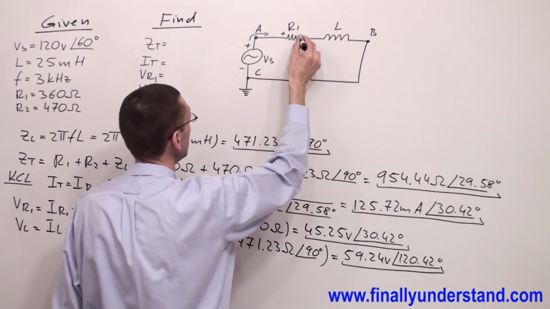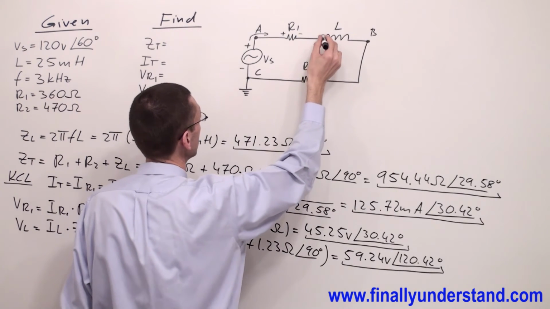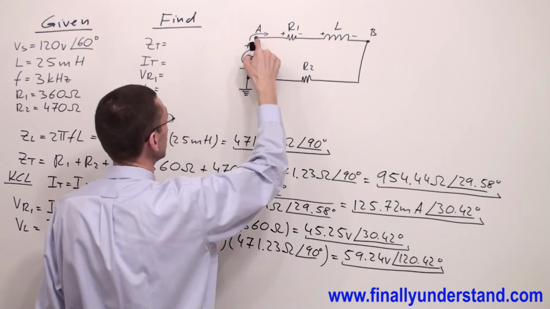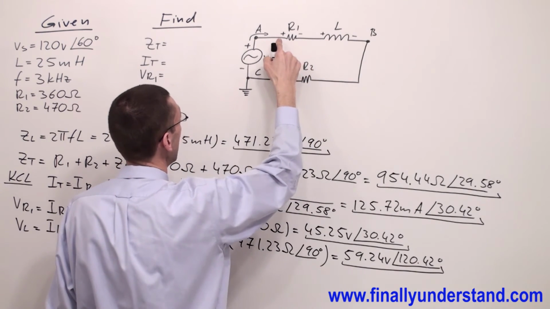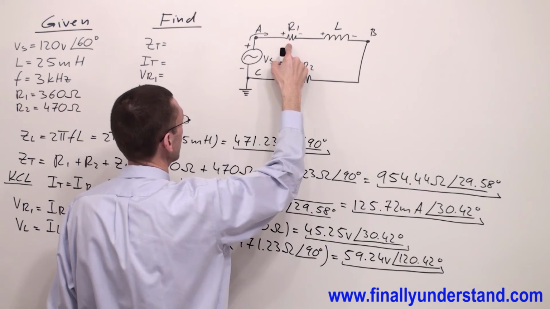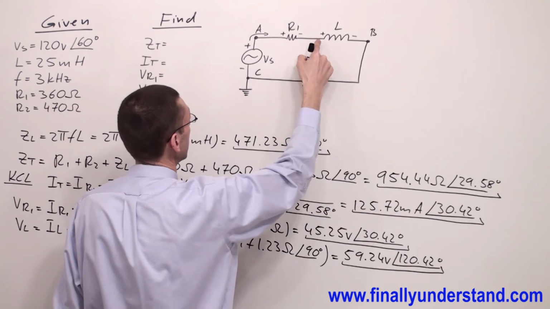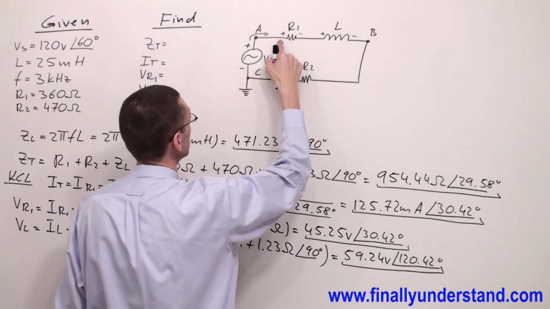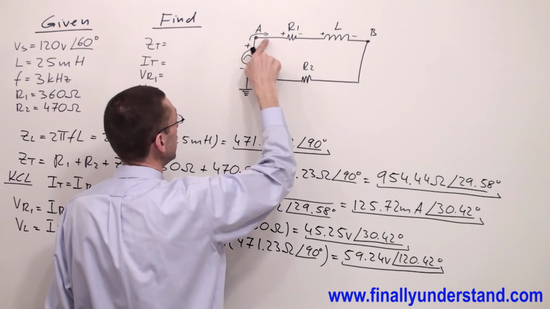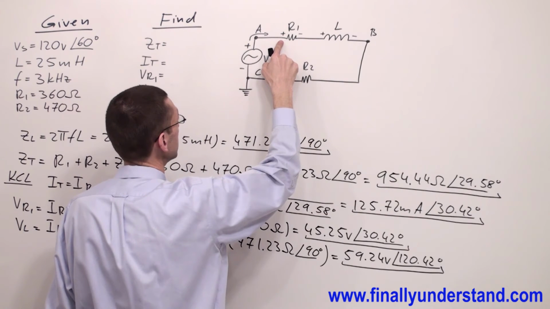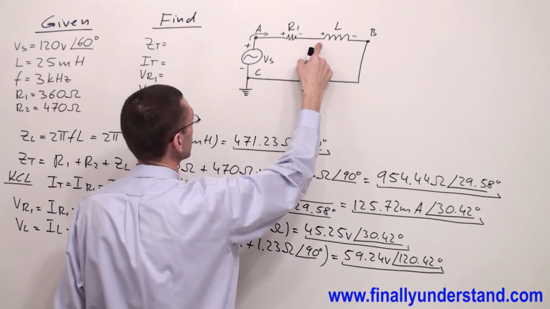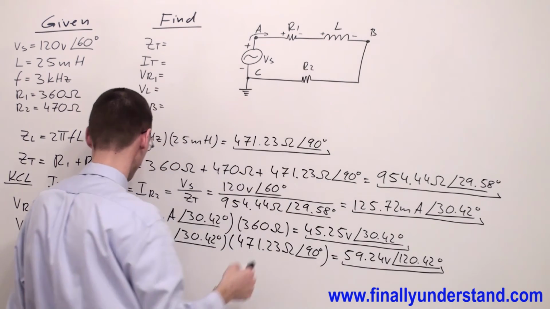Anytime current is leaving a component, you're supposed to write a negative sign. If you want to find voltage VAB, you're supposed to simply add the voltage drop across the resistor and the voltage drop across the inductor, because I have a positive sign. If you're going from A to B, you see positive. That's why you are going to have positive VR1 plus VL.